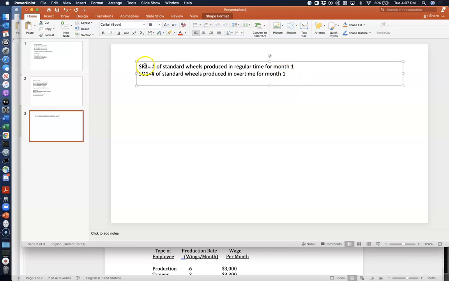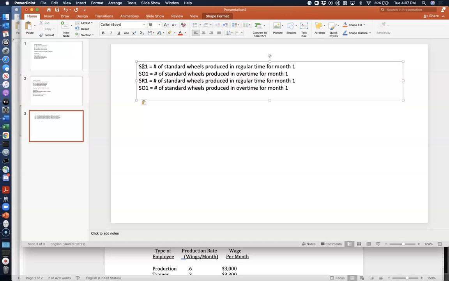So SR1 is for regular time, SO1 is for overtime. There you go. Now similarly, I'm going to have SR2 and SO2: the number of standard wheels produced in regular time in the second month, and the number of standard wheels produced in overtime in the second month.